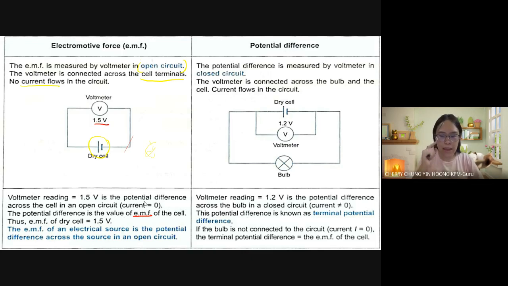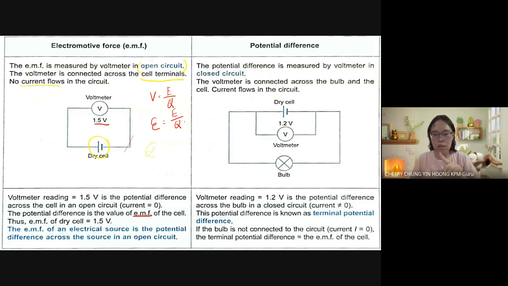You'll notice its formula is similar to the voltage formula. Voltage V is equal to E over Q, where the energy is used to move a coulomb of charge from one point to another point. But here, our electromotive force is also E over Q. However, this charge is around a complete circuit.